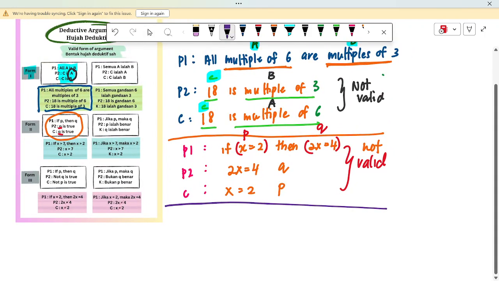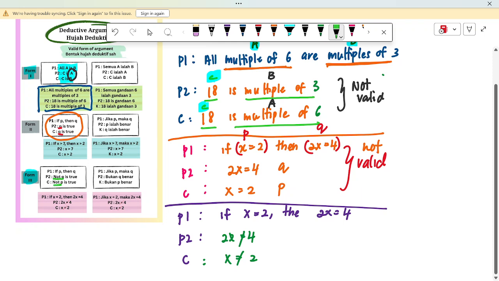So your third form states that P1, P2, and conclusion. So I'm going to take the same thing. If x equals to 2, then 2x equals to 4. So for this part, if you see your third form from here, we mentioned if P then Q, not Q is true, not P. So the additional word here is not.